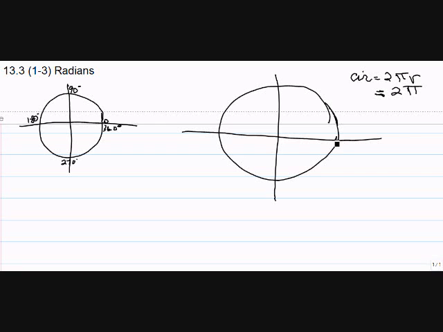Okay, so the circle again is going to start at 0. And when I get all the way around, I'm going to get to 2 pi. So if I only got halfway around, how far do you think I've gone? Pi. Oops, not pi over 2. Pi. 2 pi divided by 2 is just pi.